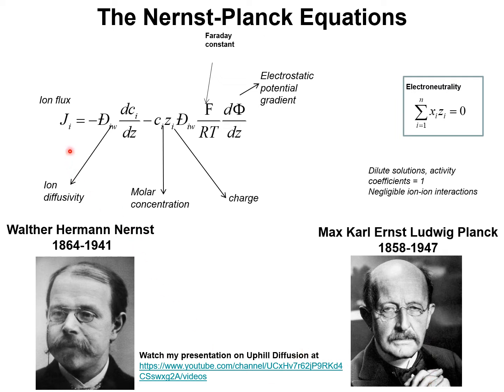The Nernst-Planck equation writes the ionic flux of species i as a sum of two contributions. The first contribution is due to the concentration gradients, where c is the molar concentration, and D_iw is the ionic diffusivity. w stands for water, i is the ionic species.